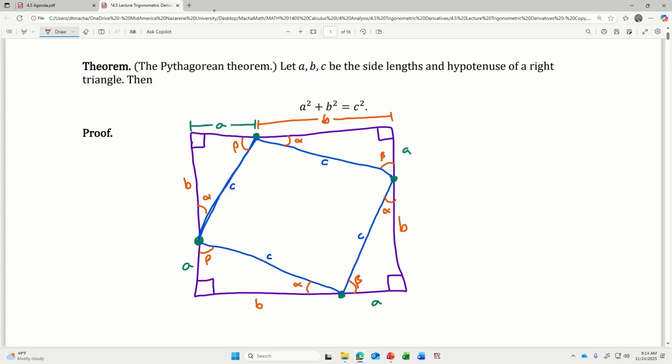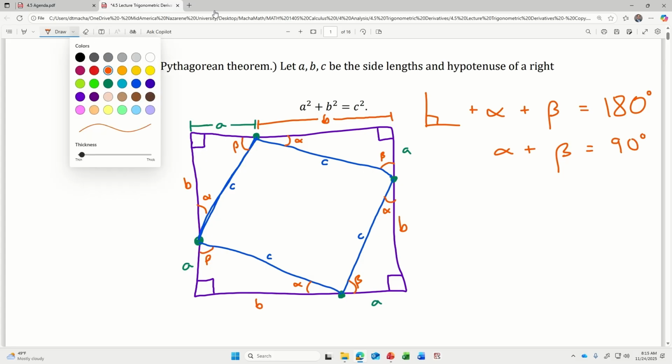What is the sum of all of the interior angles of a triangle? Yeah, it has to be 180 degrees. And so 90 degrees plus alpha plus beta equals 180 degrees. That means alpha plus beta has to be equal to 90 degrees.